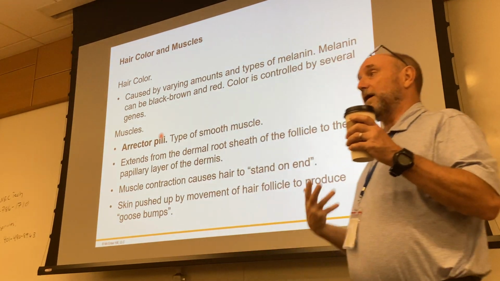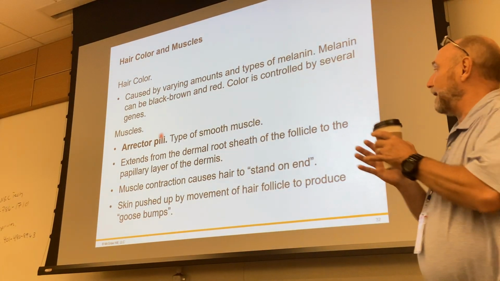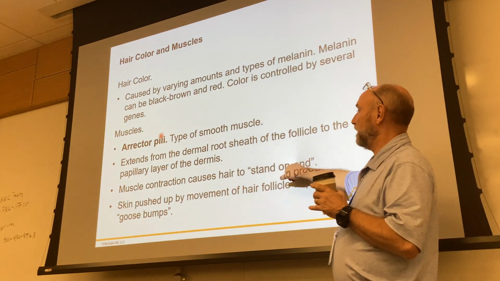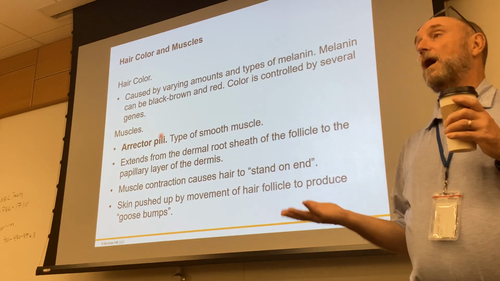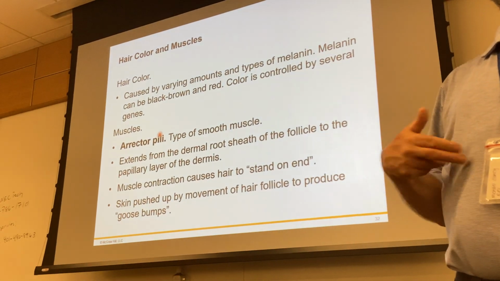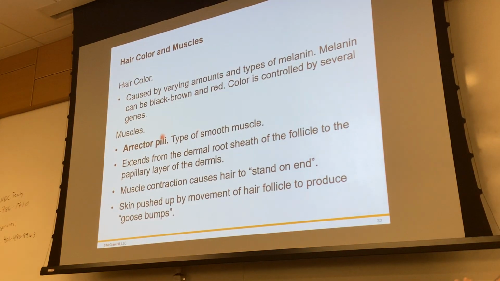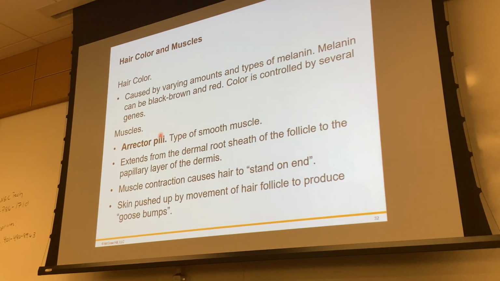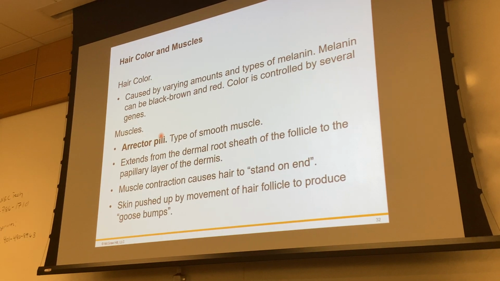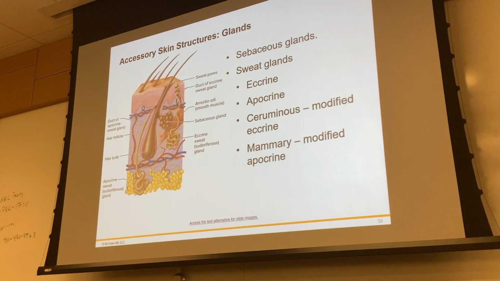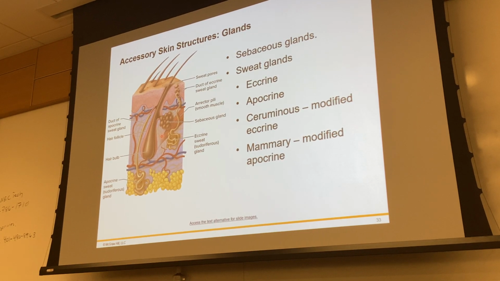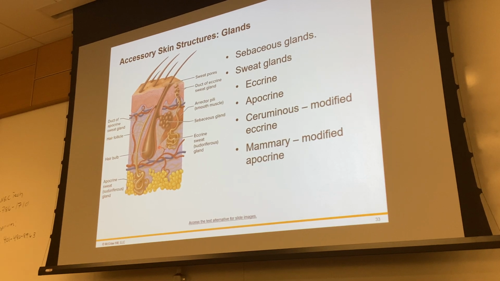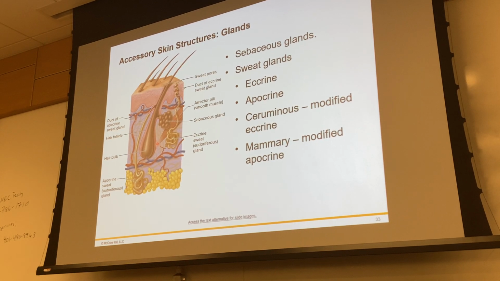If you're scared or cold, you have goosebumps, and that causes the hair to stand on end. That goosebump is simply an autonomic movement of the hair follicle. In other words, it's not a conscious movement. Look here, this erector, and I hate the way this drawing is done, because here is one end of the attachment of the erector pili muscle.